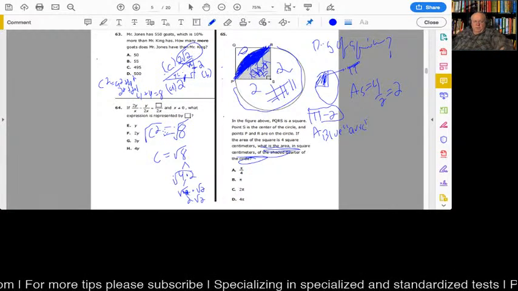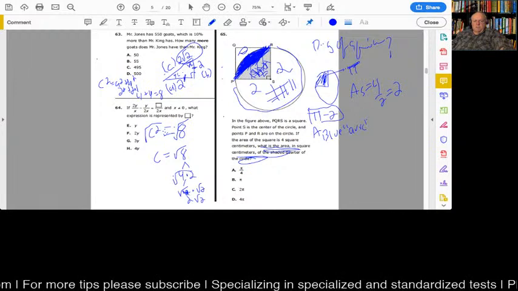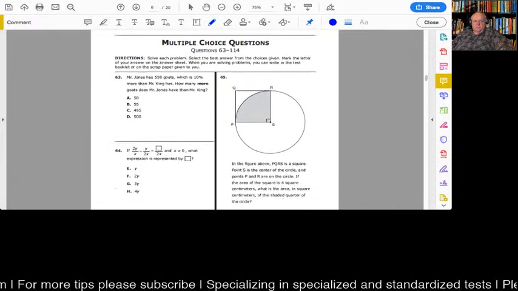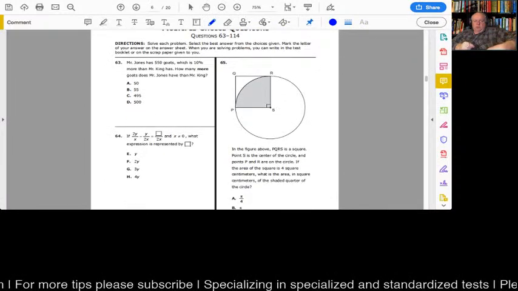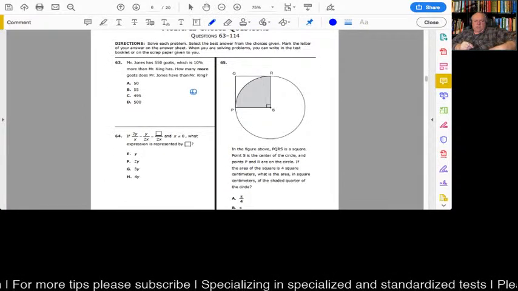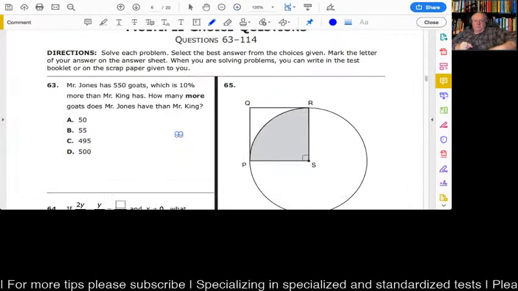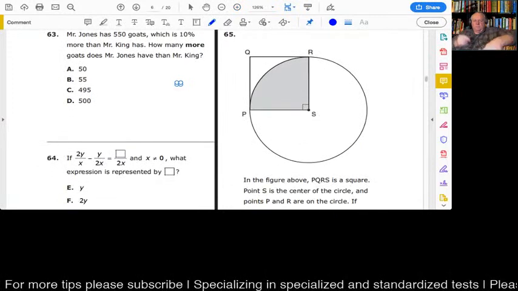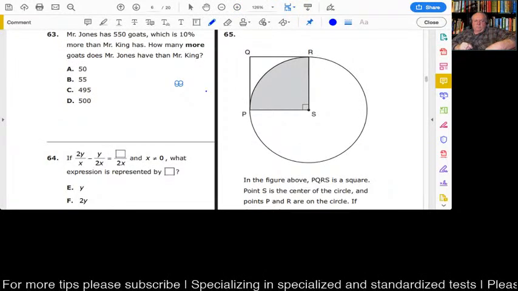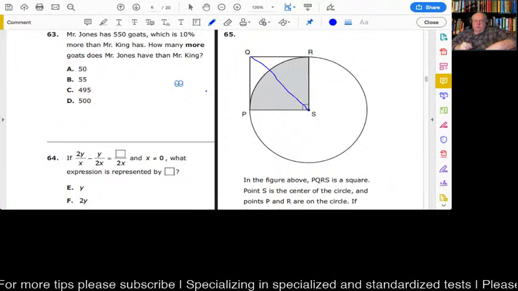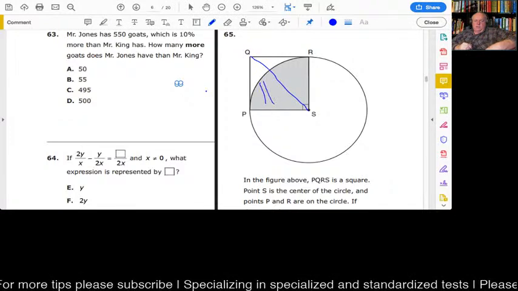So if we were to move the diagonal in a different direction, if I did this, actually I can bring the screen larger again. If I was to draw a diagonal this way, what is the area of this here?